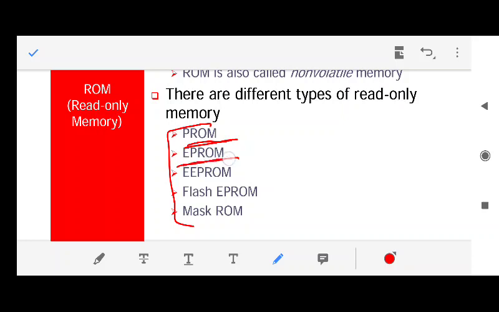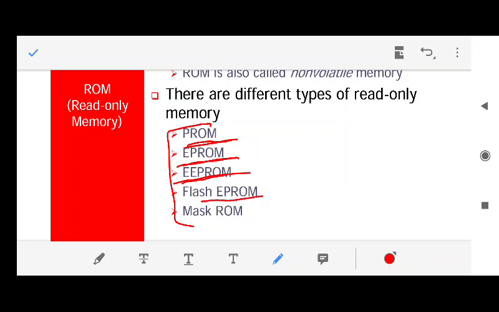Now EPROM, erasable programmable ROM, what does it mean? It means you can erase it also, and then you can use it again. Fine. EEPROM, electrically erasable. Electrically erasable means once you have written your code and done your work, you can erase that code also. By what? By electrical signals. That will be known as electrically erasable ROM.